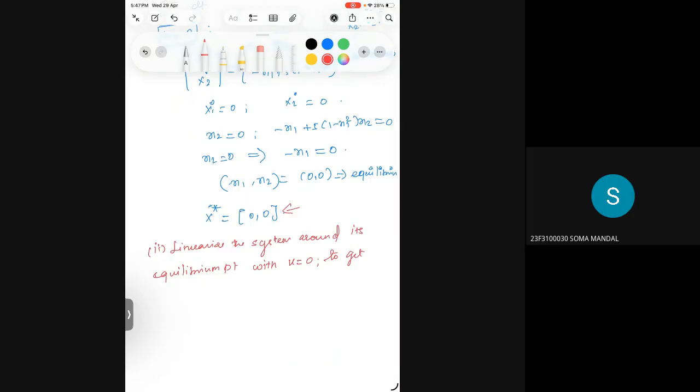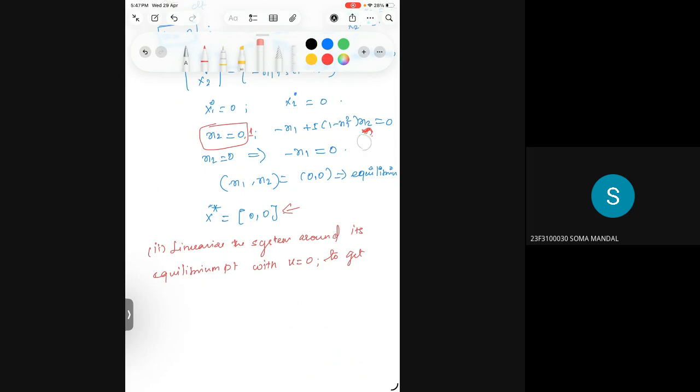If x2 is always 0 based on this equation, that's why I'm equating it here. If x2 has two possibilities, you have to find by putting both possibilities. For x2 equal to 0, what is x1? For x2 equal to something else, what is x1? So you will get two sets of equilibrium points. That is based on the system's representation.